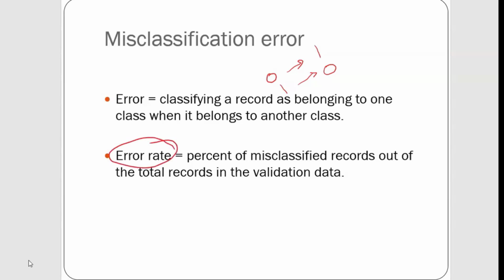So error rate is essentially the percentage of errors we have made in our sample. It is the number of errors over the total number of records times 100. Conversely, accuracy is defined as 1 minus our error rate. So from error we can move to accuracy, or from accuracy we can move to error.